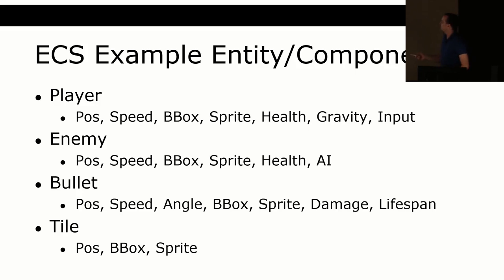Or if I had another thing called a gravity gun, and I shot something with it, it would just attach a gravity component to it, and now the block would fall. You can do all these sorts of things. You already have the system written for that, so the system will just say, if this thing has gravity, do the logic for gravity.